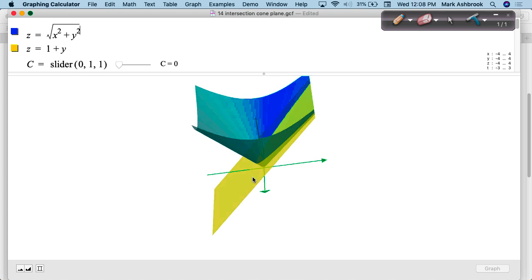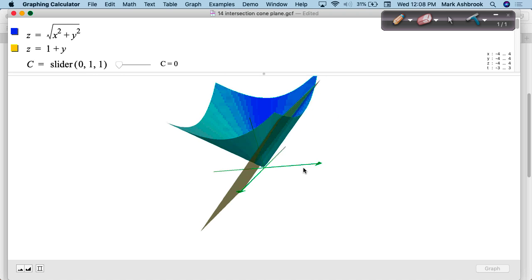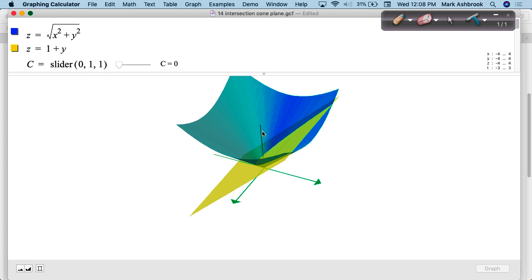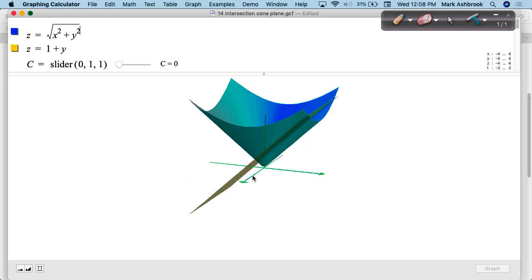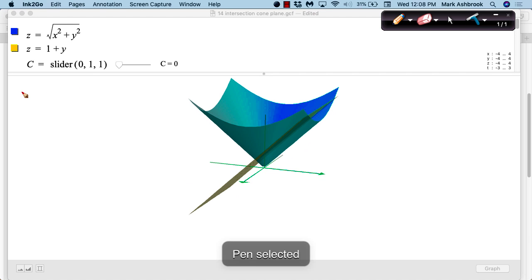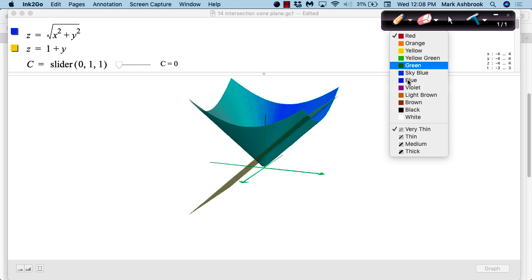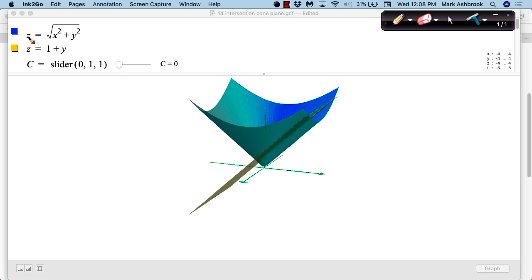Okay, so let's take a look at what we do then. What's a good strategy? We've got z equals and z equals. So here we can just start by setting the z's, or substitute 1 plus y in for this z because it's equal to z, right? So 1 plus y.